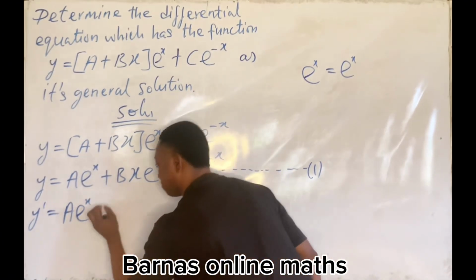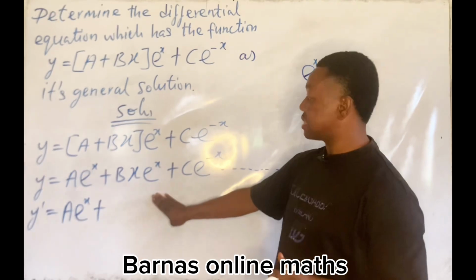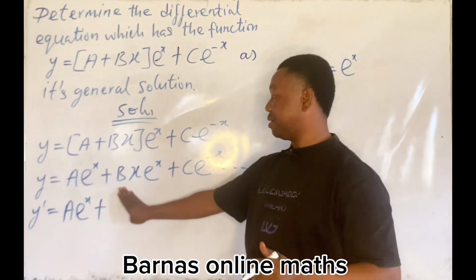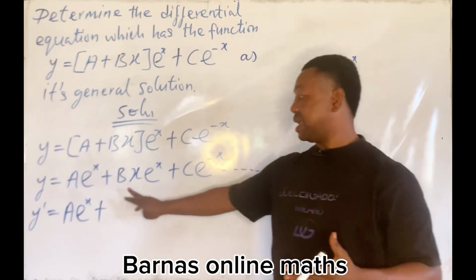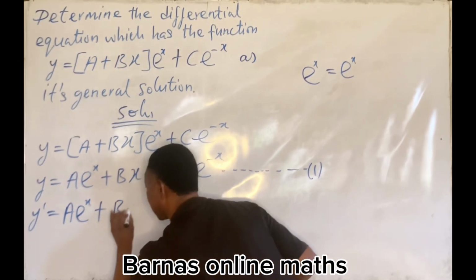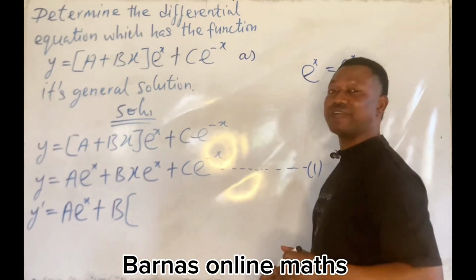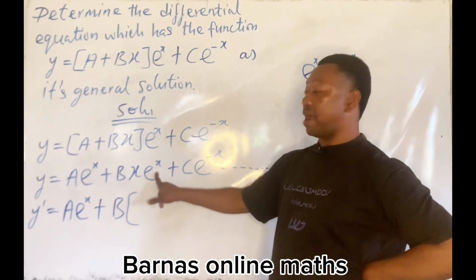Now, for the second term, plus, we have b x e to the power x. Remember, b is a constant, bring it out. The derivative has to be on x e to the power x.